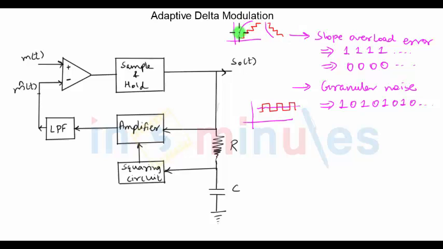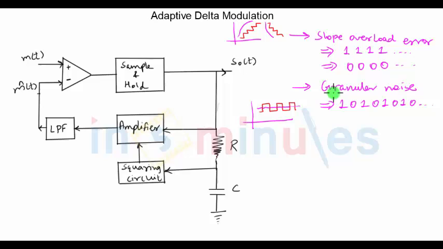Whenever slope overload error is taking place, it is obvious that m of t is increasing at a very fast rate, so I should also make m cap t increase at a fast rate. That will only be possible if the step size is increased. So m cap t should increase with a greater step size, or in the second case decrease with a greater step size, so that it catches up with m of t and slope overload is avoided.